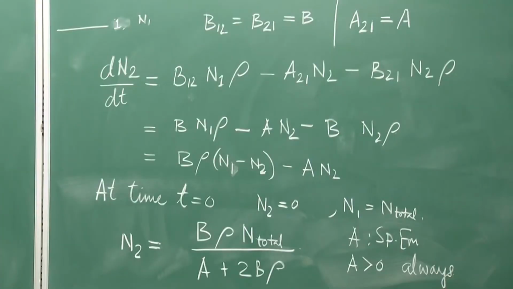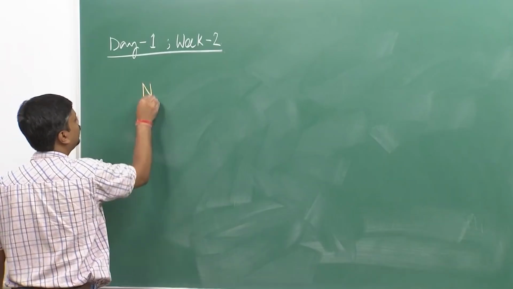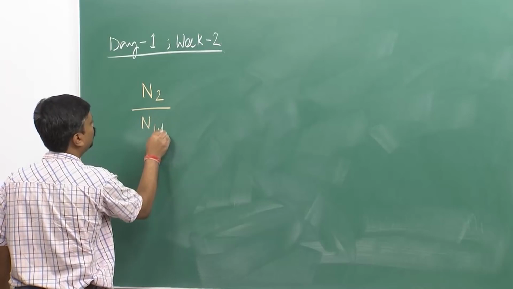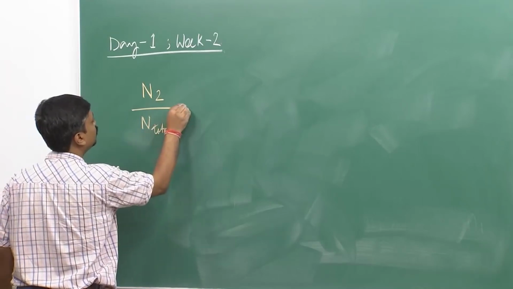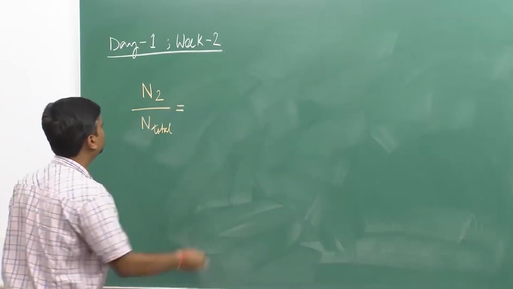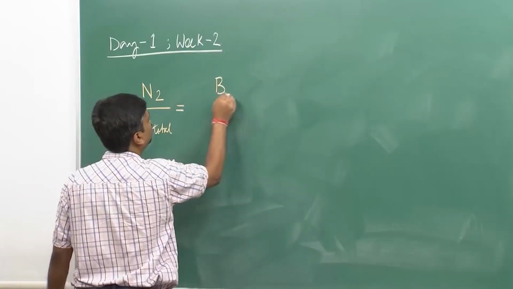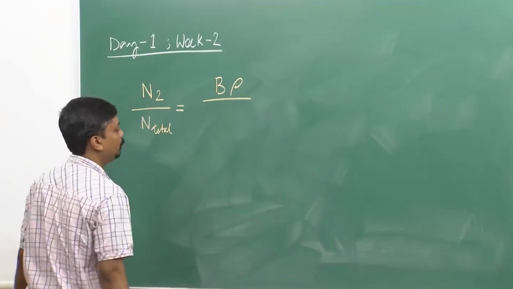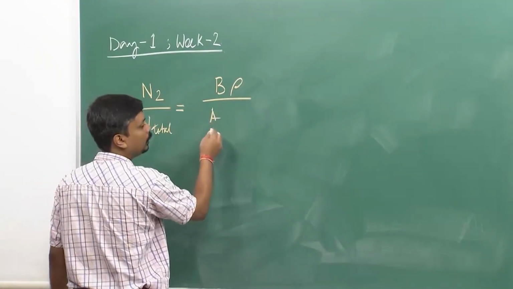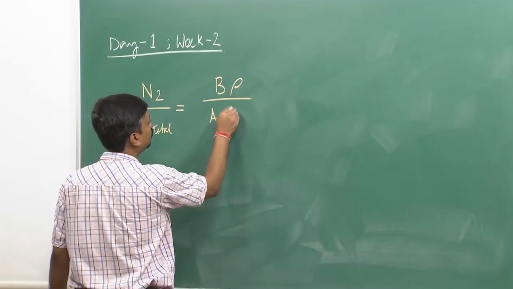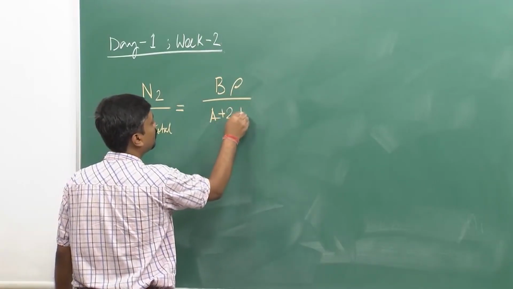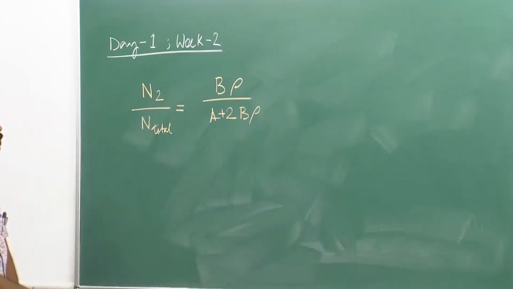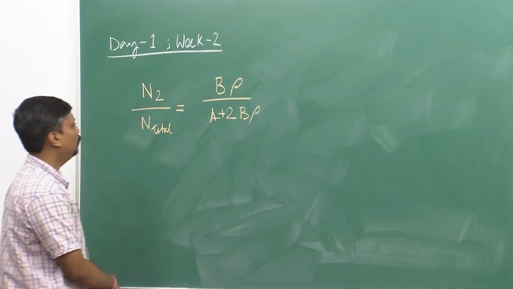From that expression, if I get N2 by N total, that is equal to B rho by A plus B rho.